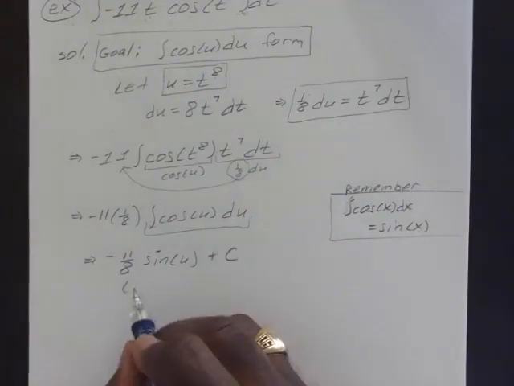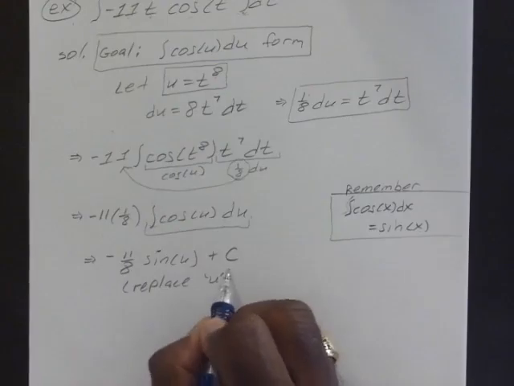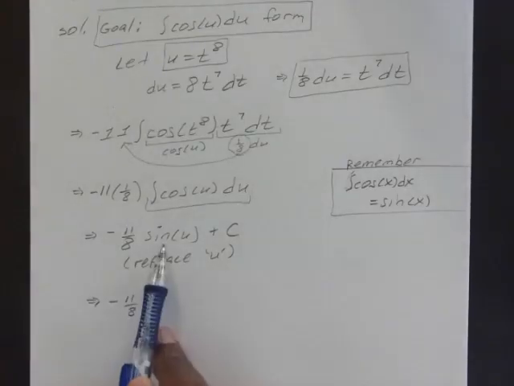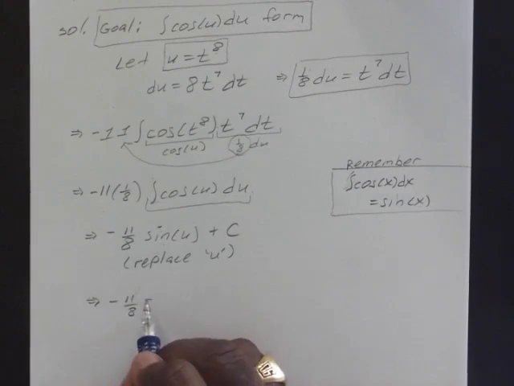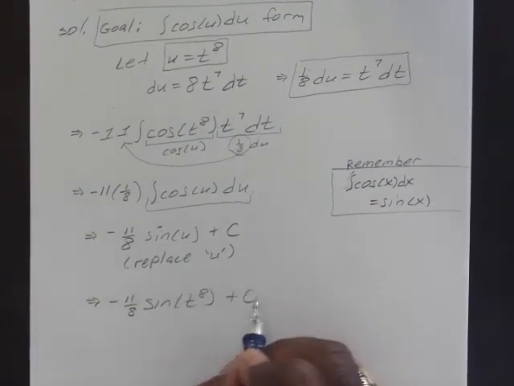And the last step is just replace our u. So that means our final answer is negative 11 over 8 times sine of t to the 8th power plus c.